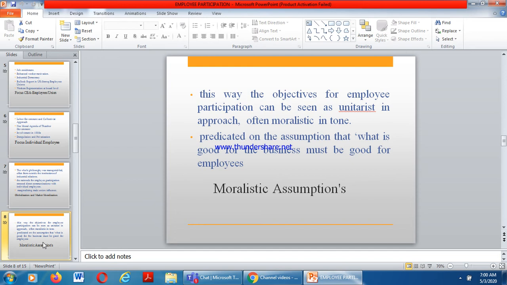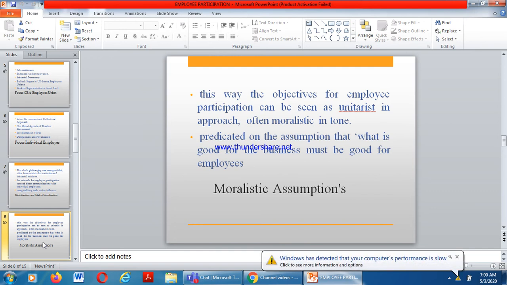In this way, the objective of employee participation can be seen as unitarist in approach, often moralistic in tone, predicated on the assumption that what is good for the business must be good for the employees. It is a moralistic assumption made by the free market economists. The political parties, the Conservative Party, the Democrats in the USA, and parties like Muslim League Nawaz, the rightists, believe that what is good for the business will definitely be good for the employees.